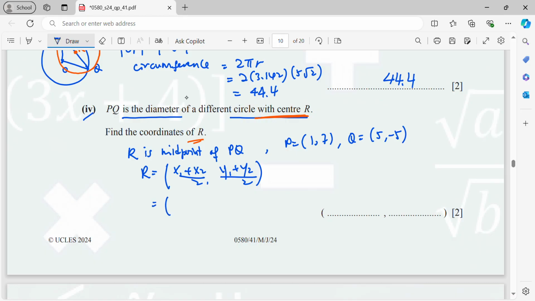This is your x1, y1, x2, y2. So just add up: 1 plus 5 over 2, 7 plus minus 5 divided by 2. You will get 6 over 2, that is 3. 7 plus minus 5 is 2. 2 over 2 is 1. So R is with coordinates 3, 1.